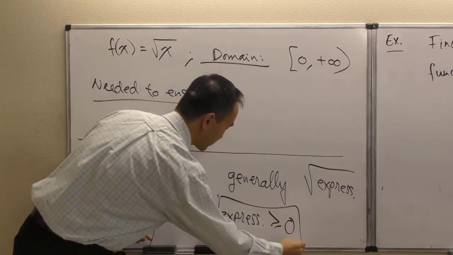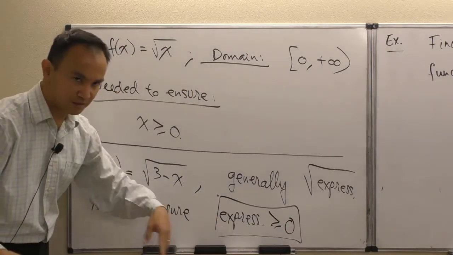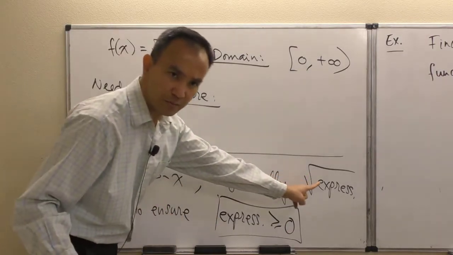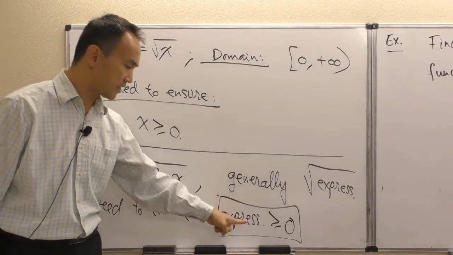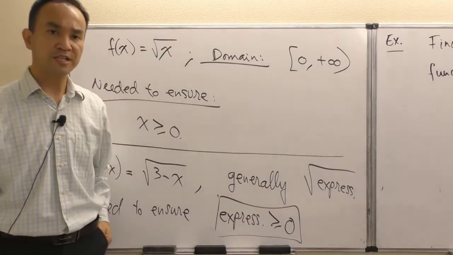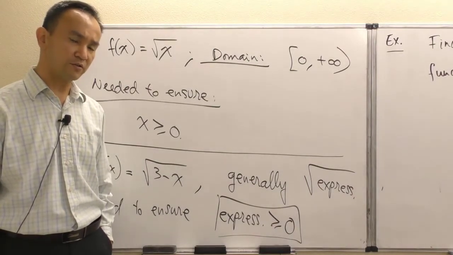Whatever expression it is, it could be 3 minus x, or it could be an even more complicated expression, we just need to ensure that expression is greater than or equal to 0.